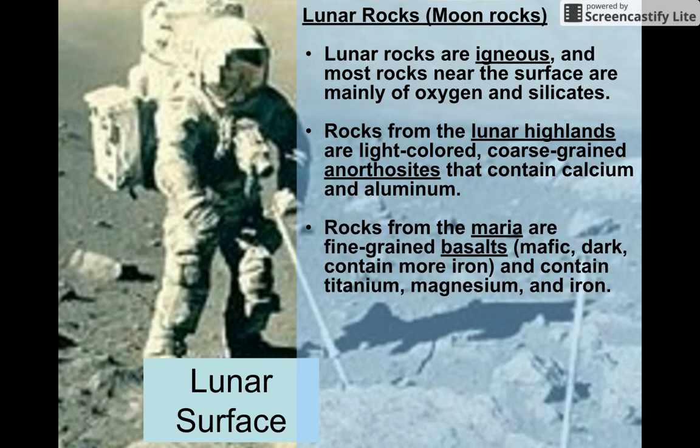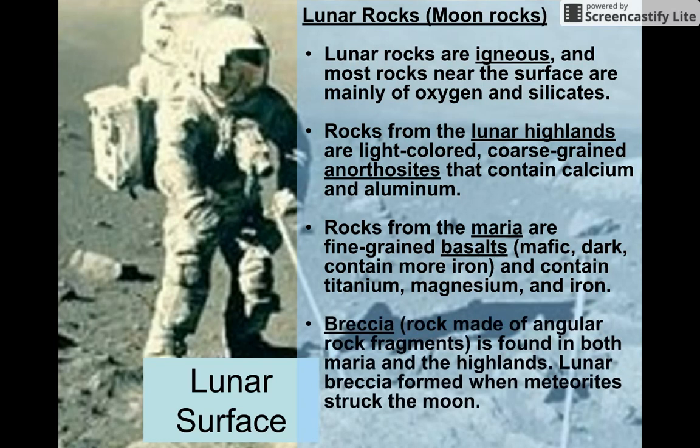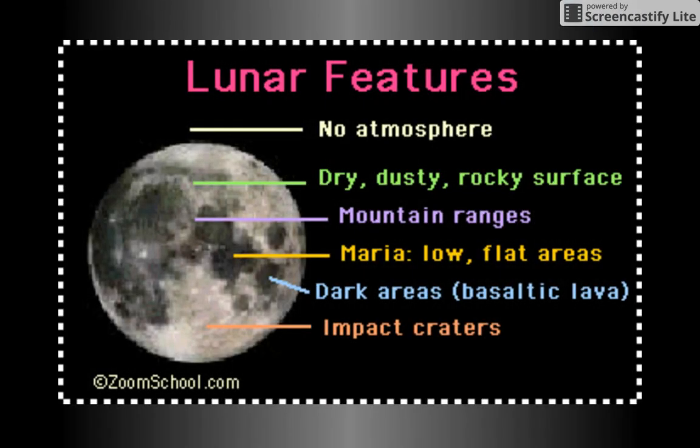In the maria, the low-lying areas, they're basalts, mafic, dark, and contain more iron, titanium, and magnesium. The breccia, rock made of angular rock fragments, is found pretty much everywhere. Feel free to pause the video at any time to read through the slides.